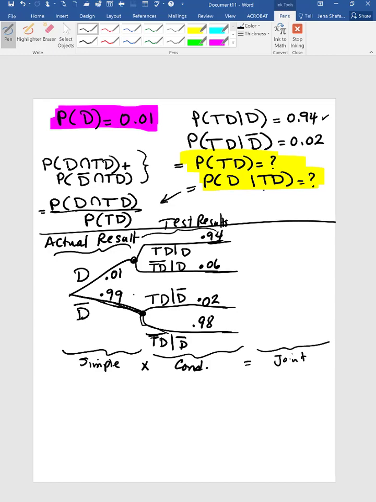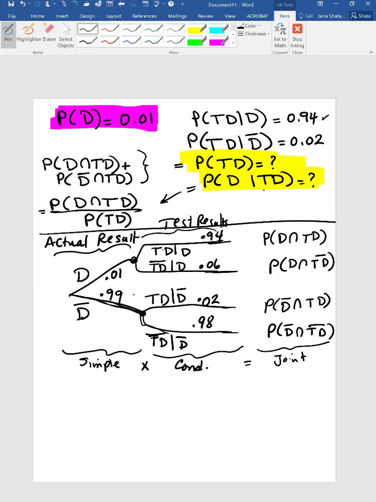So over here I'm going to have the probability of D and TD, D and TD bar, D bar and TD, and D bar and TD bar. Simple times conditional equals joint.